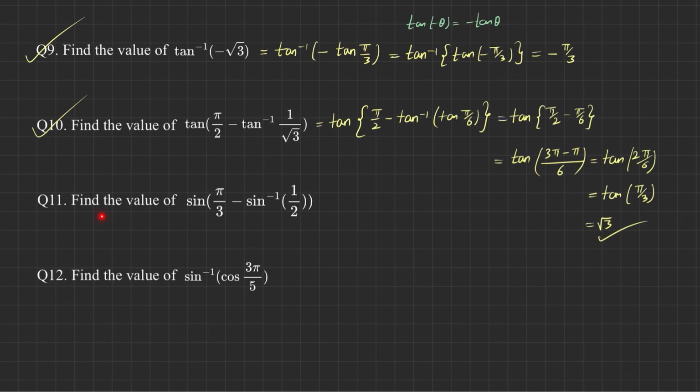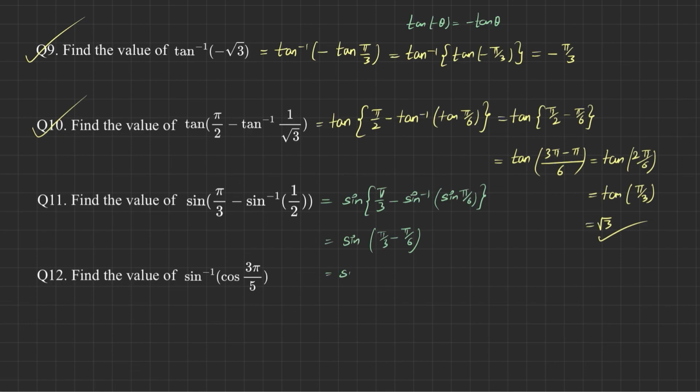Next we have find the value of sine of pi by 3 minus sine inverse 1 by 2. So sine inverse 1 by 2 can be written as sine inverse sine 30 degrees. So it will be sine of pi by 3 minus sine inverse of sine theta is theta, so it is pi by 6.